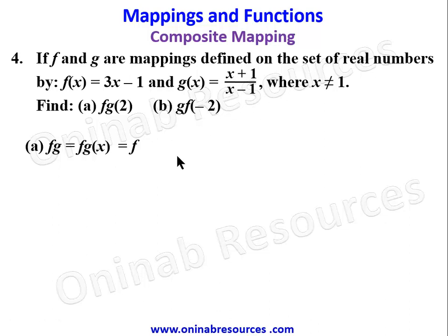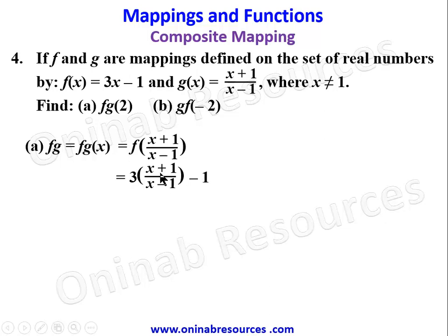So we have f of x plus 1 over x minus 1. This is what we are going to substitute into f, so that whenever we see x, we put this bracket. So we have it as 3 into x plus 1 over x minus 1, minus 1.